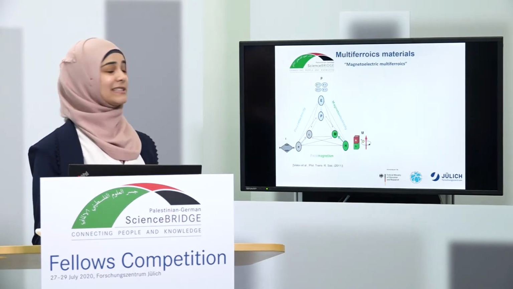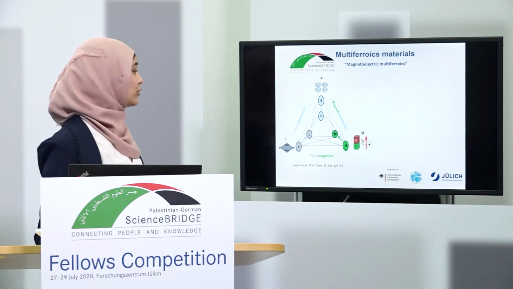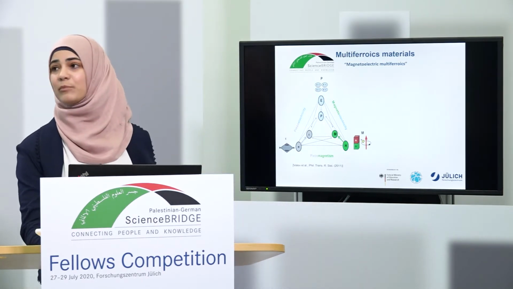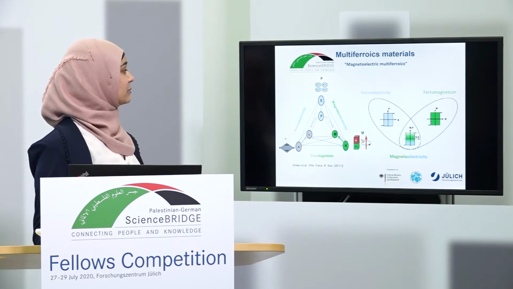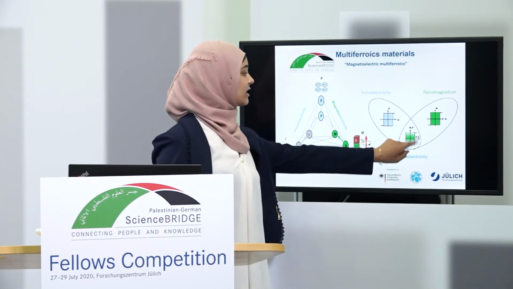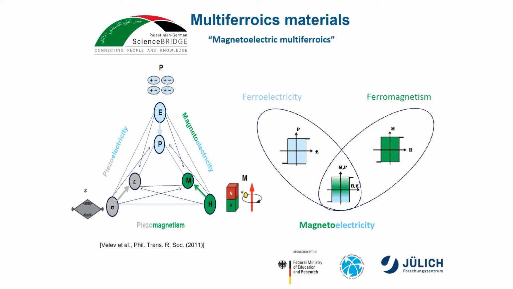So what is a multiferroic material? It is a material that combines magnetism and ferroelectricity. Why is this important? Because you can switch the magnetization by applying an electric field, and the polarization by applying a magnetic field.